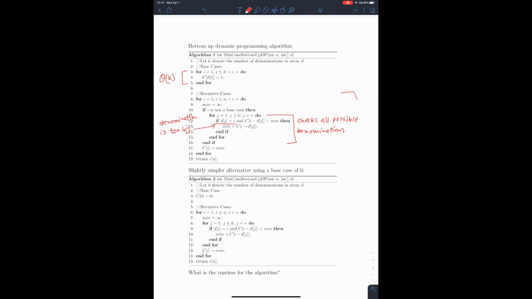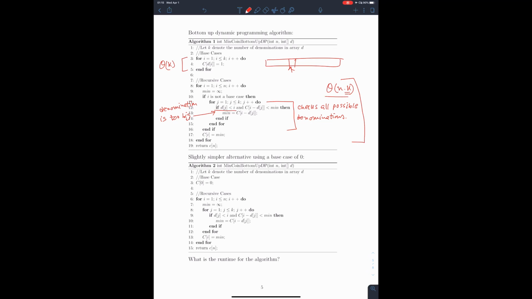So the runtime of this part of the algorithm will be theta of nk. Why n times k? Because we are populating all the cells. When we try to populate one cell, we try k denominations or k coins.